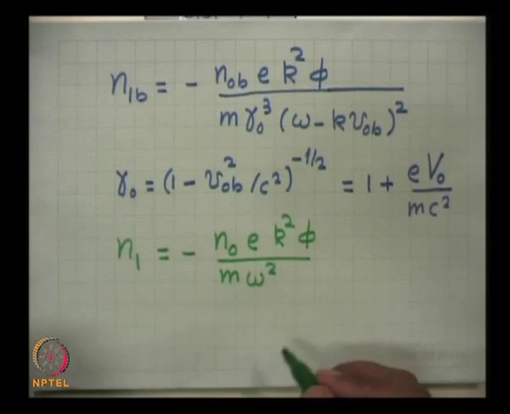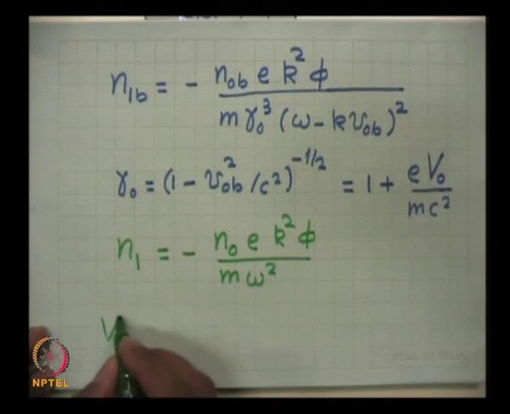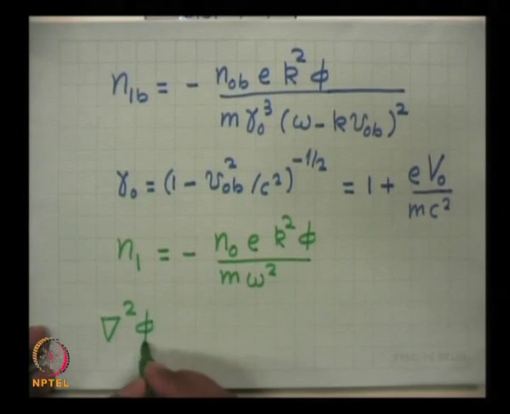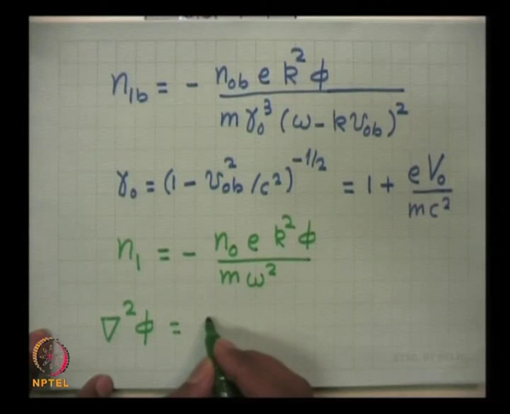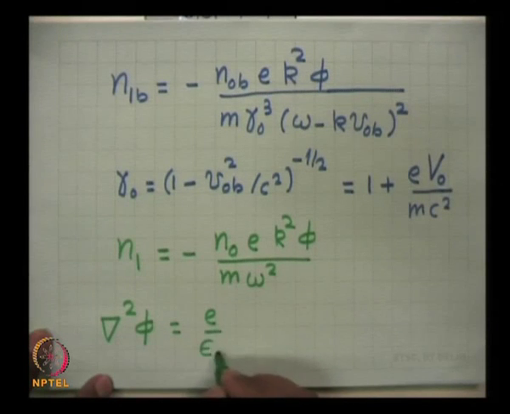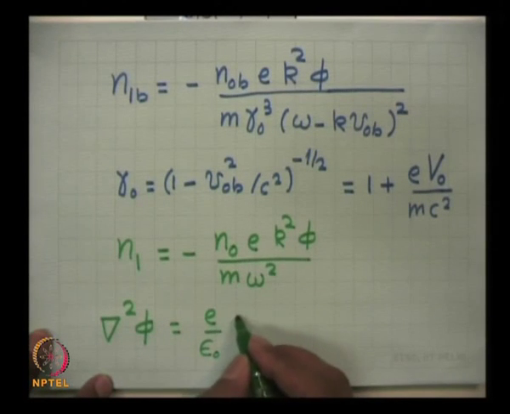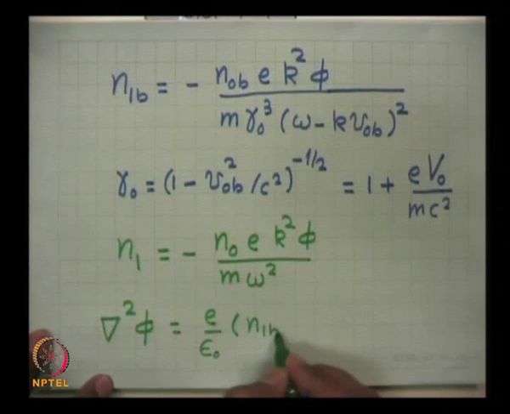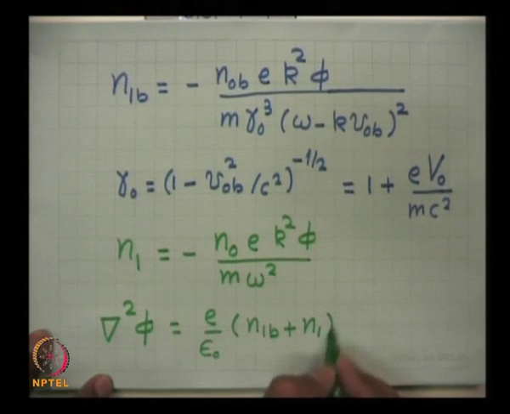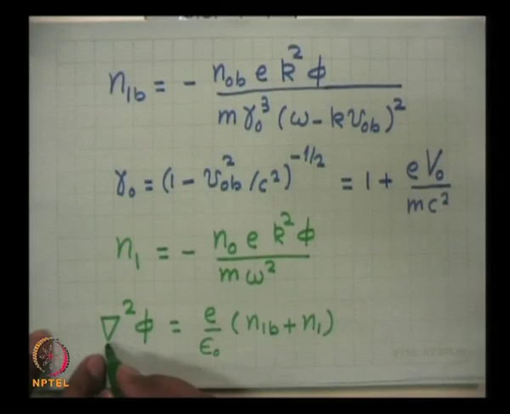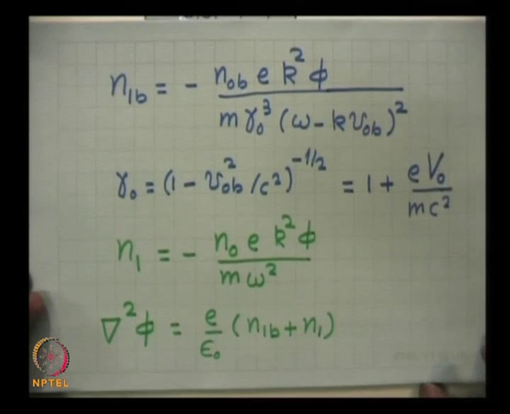You have to use this in the Poisson equation, which turns out to be equal to e upon epsilon 0, the free space permittivity, into N1b plus N1. Replace this del square by minus k square, and you get the dispersion relation.